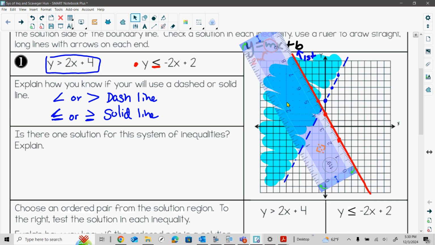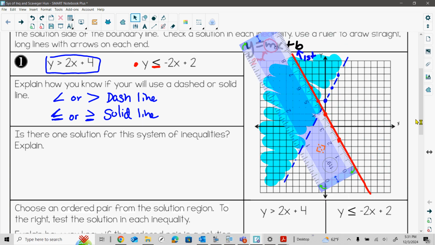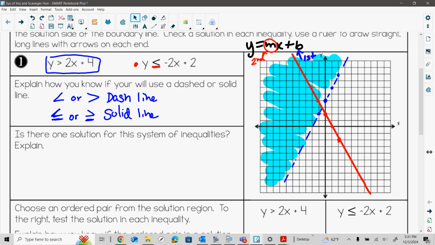And now we're going to do our shading. Let's take the ruler off. Because our inequality symbol here is a less than symbol, that means we have to shade below the line. And this would be below, like such.